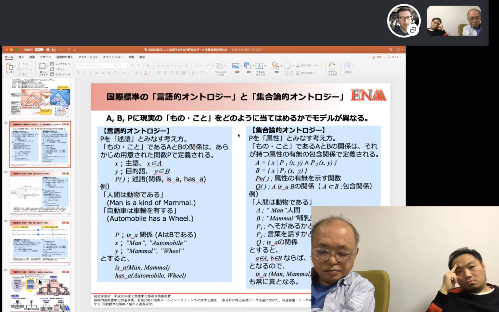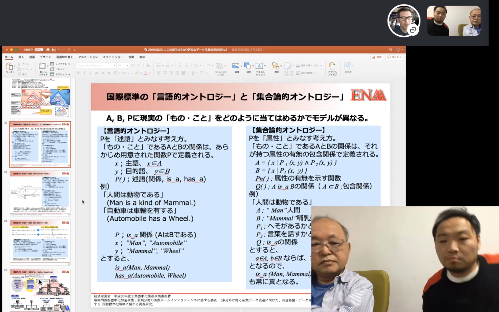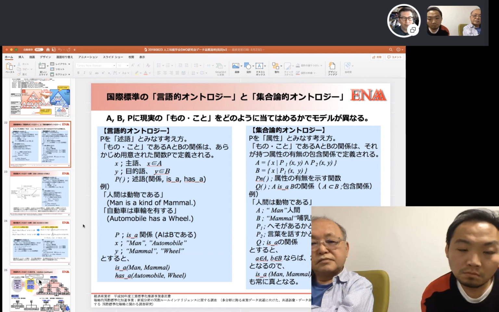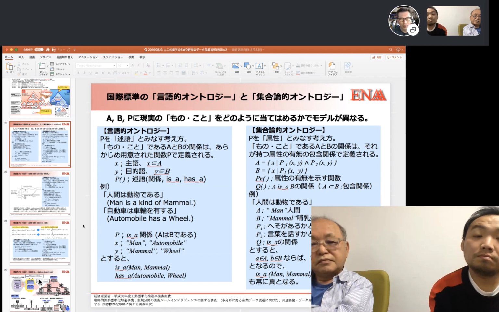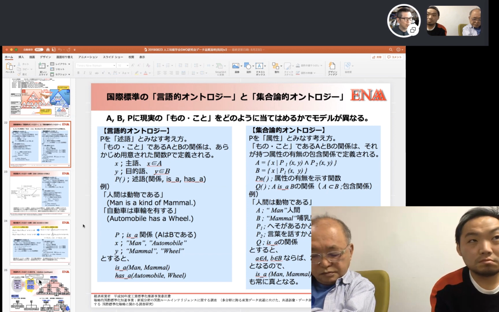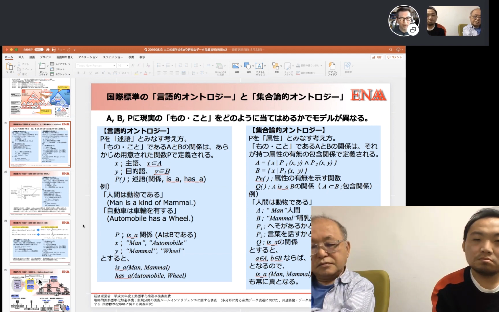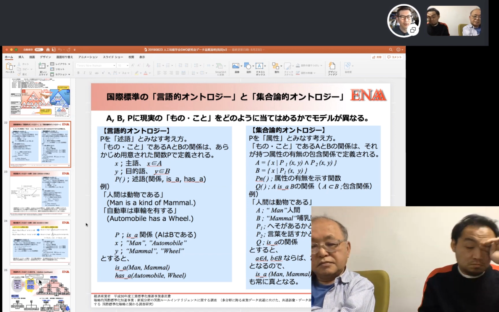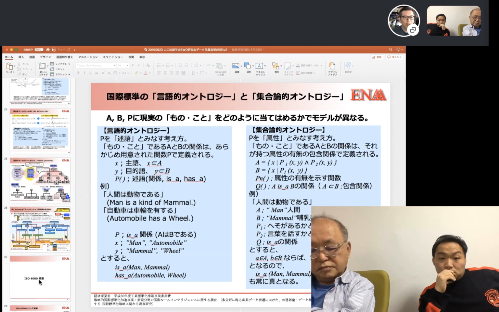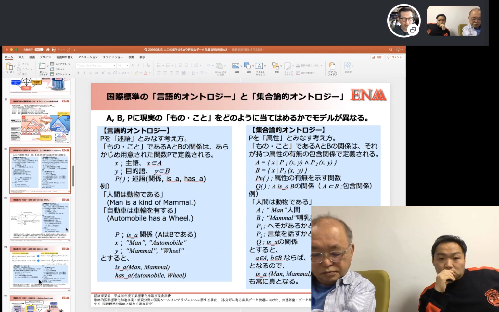It's tricky, but the point is, if we are going to structure information, we need a dictionary, which is the base for the ontology, to explain our world in a structured way. That is the point.